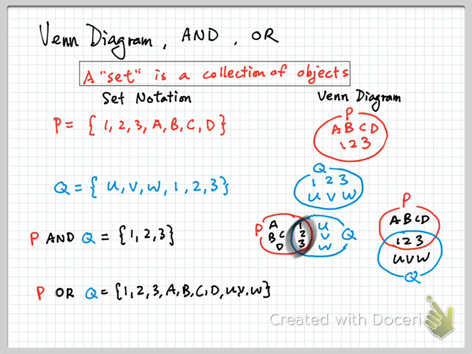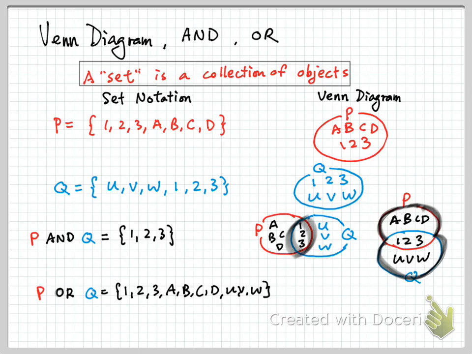Everything under here will be P or Q. So everything included inside this one will be P or Q.